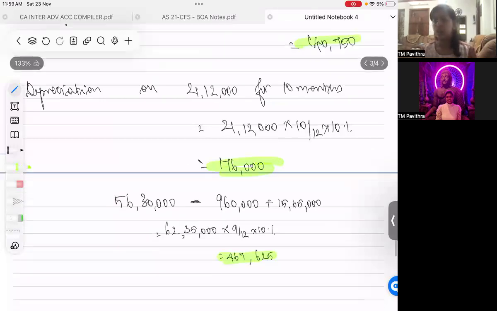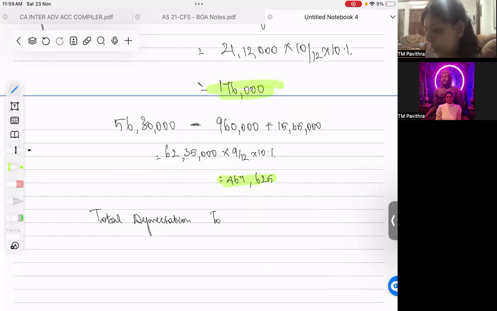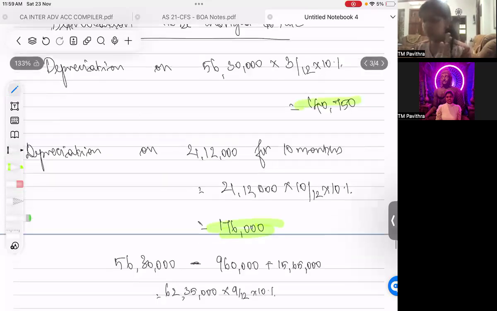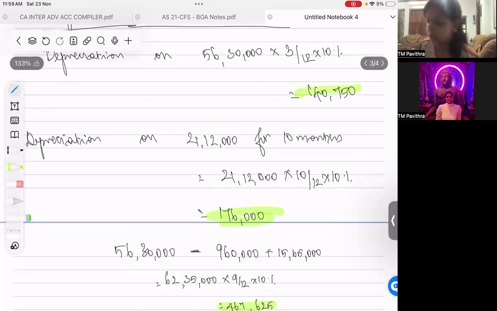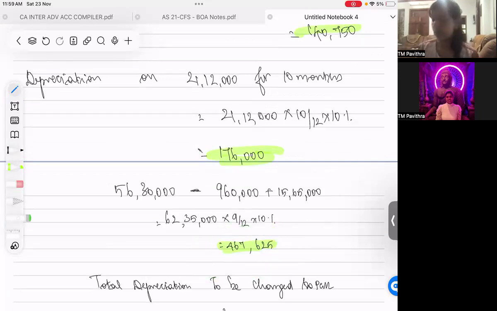So we have 3 depreciation amounts which are to be added. So the total depreciation to be charged to P&L will be the total of all these 3. So this is on the opening till 30/6, this is for the new addition, and this is for the date from 30/6 to the end of the year.